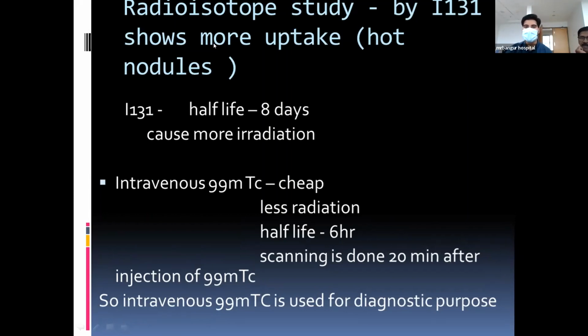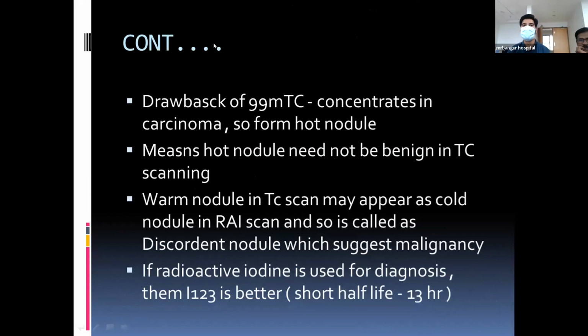So intravenous technetium-99 is used for diagnostic purpose. But there is a drawback of the technetium-99 scan, that it concentrates in the carcinoma, so a hot nodule in technetium-99 scan need not be benign. It can be malignant. But on radioactive iodine scan, a hot nodule will be benign.